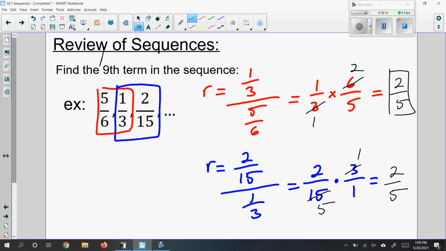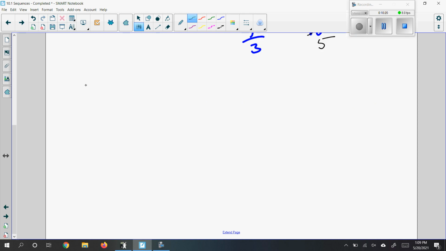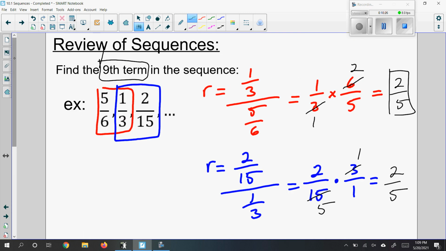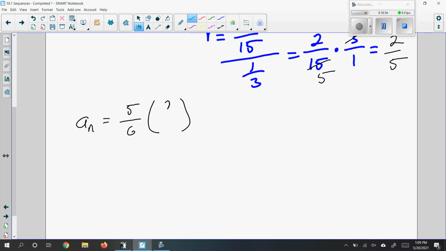So since we're looking for the 9th term, I'm just going to write the explicit formula. So the explicit formula, a sub n, is equal to a sub 1, which is 5/6, times r, which is 2/5, to the power n minus 1.